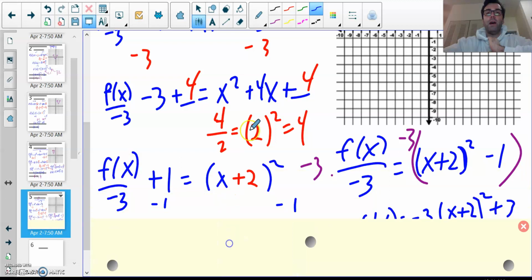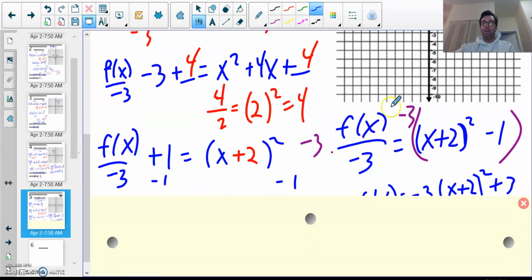Next step, make this x plus 2 squared, and then combine my like terms on the left. So it's f of x divided by negative 3 plus 1. Lastly, move the 1 over to the other side. And then I clear out this negative 3 that's in the denominator.